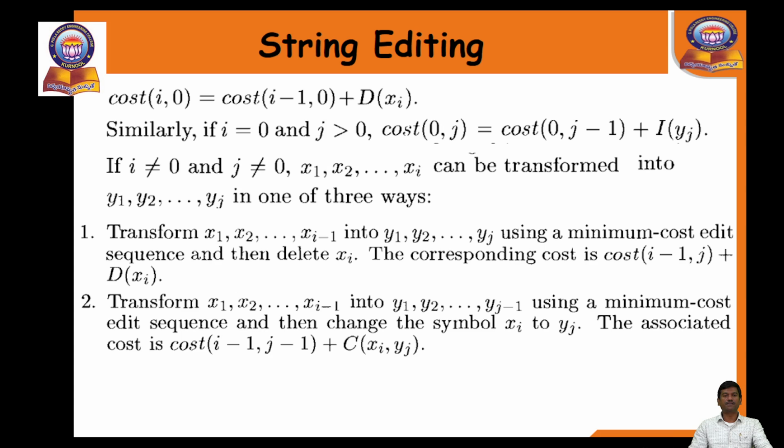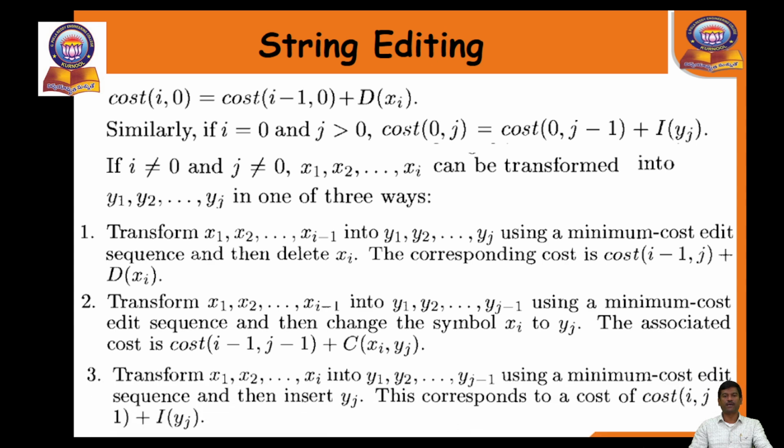And the other way is, transform x1, x2, etc. xi minus 1 into y1, y2, and so on, yj minus 1 using the minimum cost edit sequence and then change the symbol from xi to yj. The cost associated is cost of i minus 1 comma j minus 1 plus change. C stands for change, change from xi to yj.